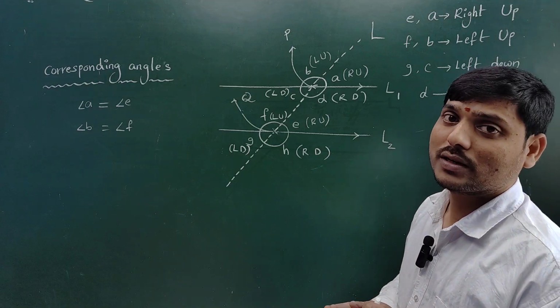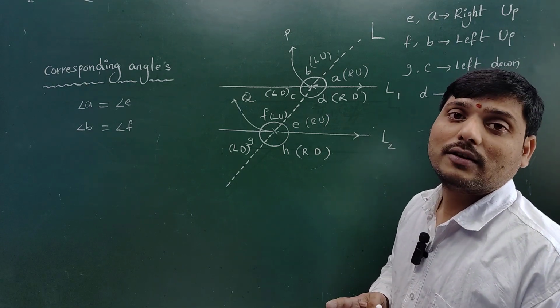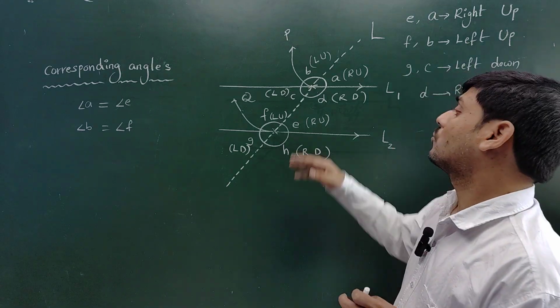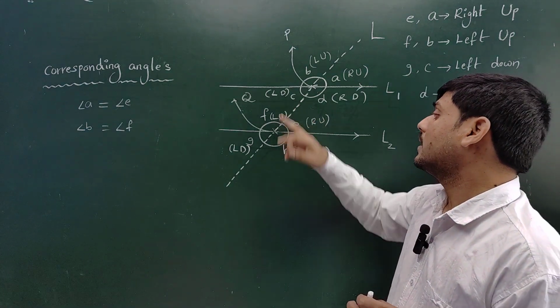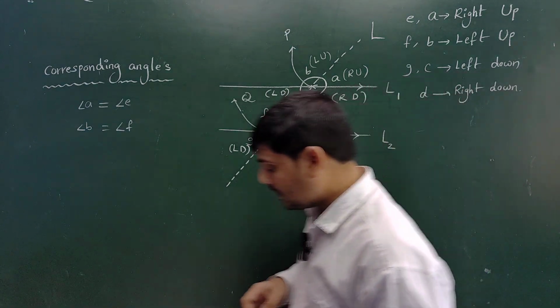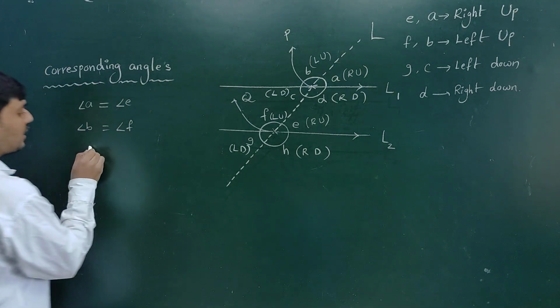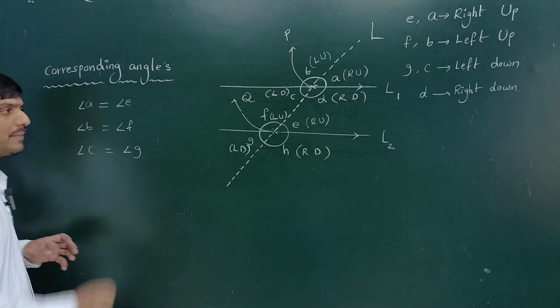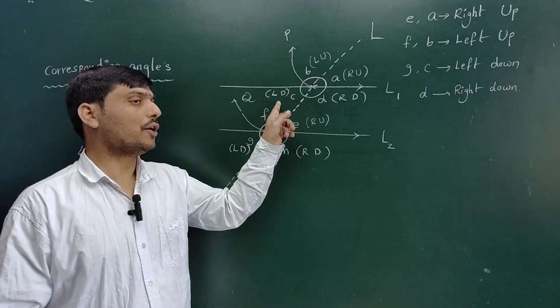Similarly, students, one more pair of corresponding angles: C and G. They are corresponding angles because both are left down.